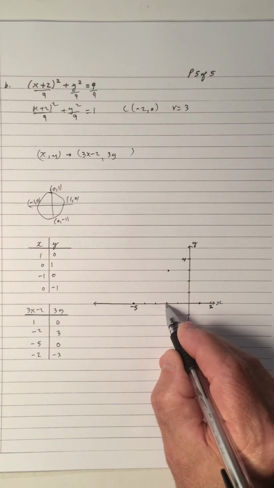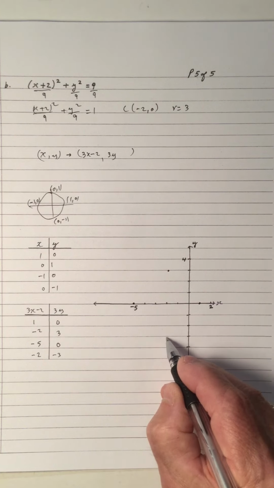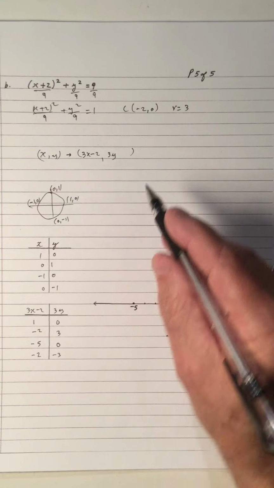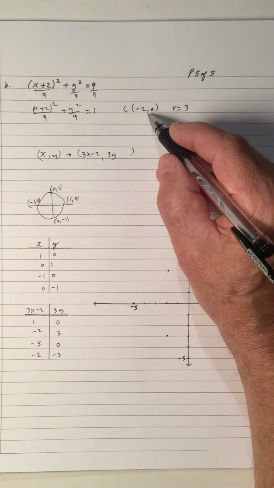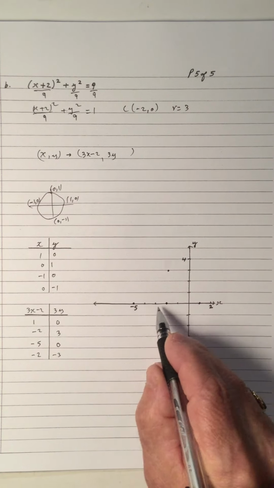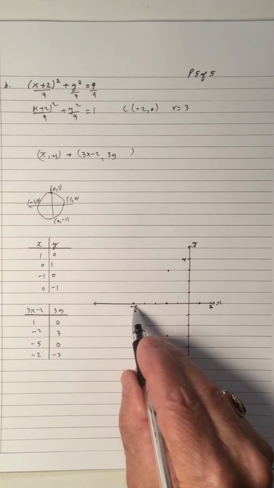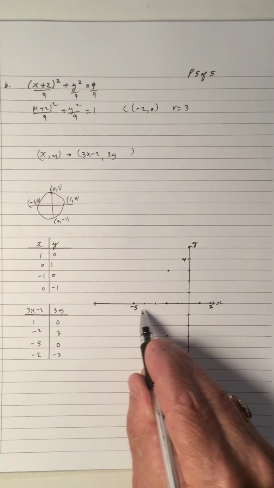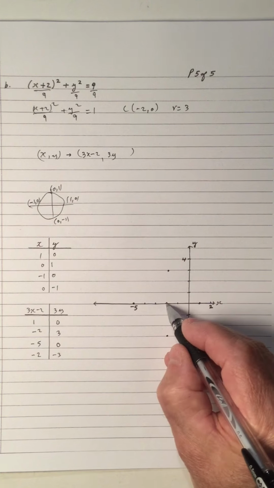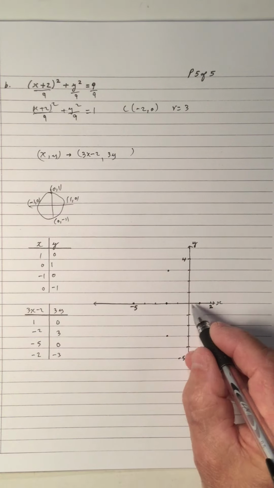X is negative 2, y is negative 3. So there's the 4 points. And remember, the center is negative 2, 0. So there's the center right there. And the center is the midpoint of the endpoints of the horizontal diameter, and it's the midpoint of the vertical diameter. So this point is in the middle of these two, and the middle of these two.